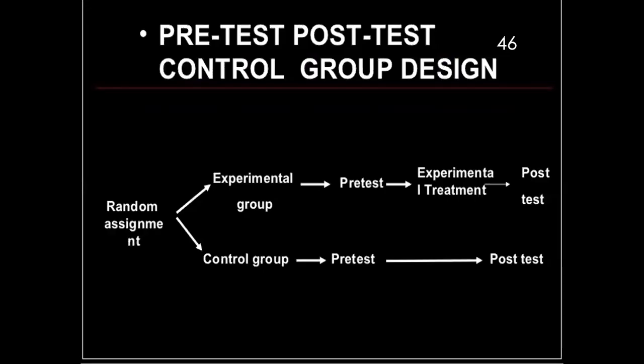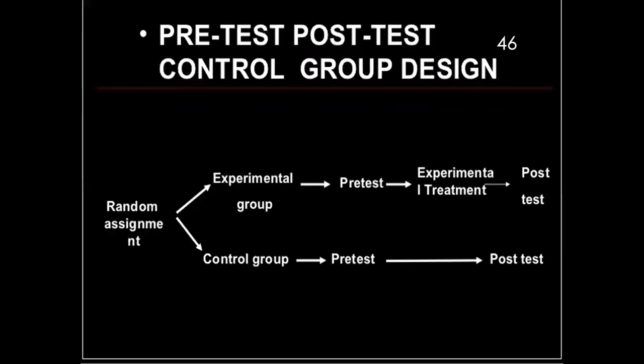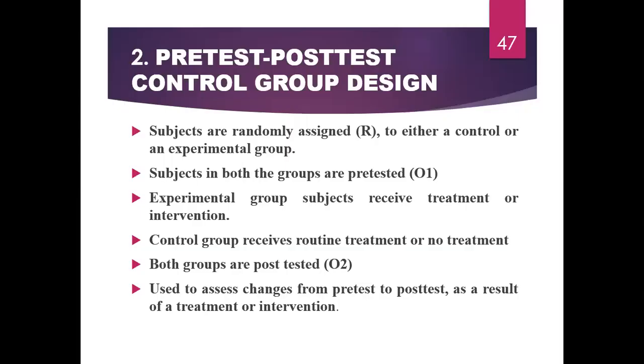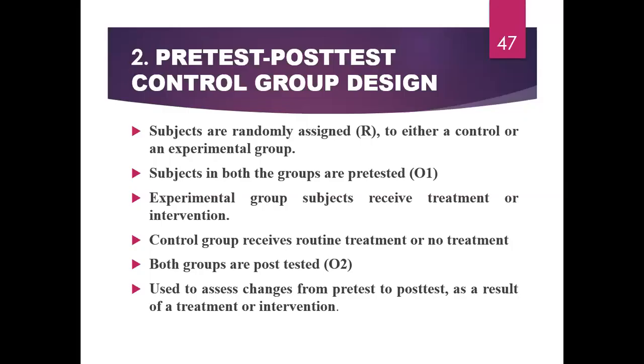Coming to design number two, pre-test, post-test control group design. As the name suggests, pre-test, post-test control group design. Subjects are randomly assigned to either a control group or an experimental group. So random assignment for the experimental group and the control group. One, subjects in both the groups are given a pre-test.